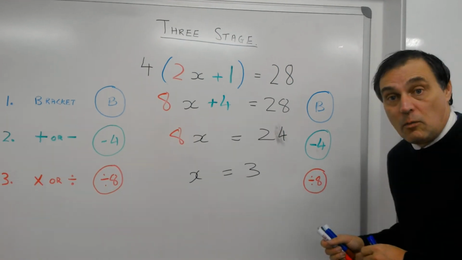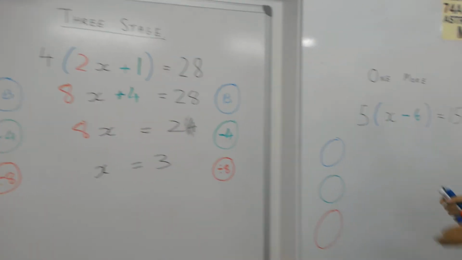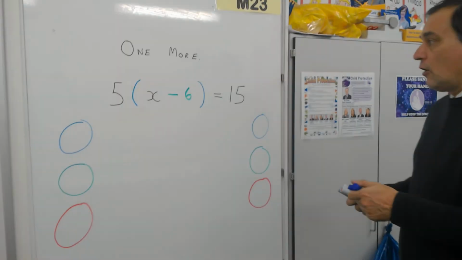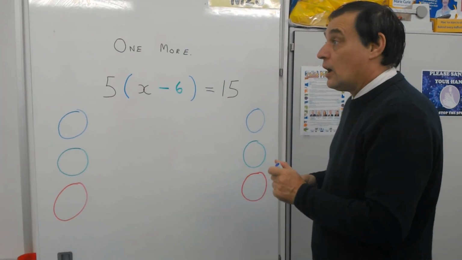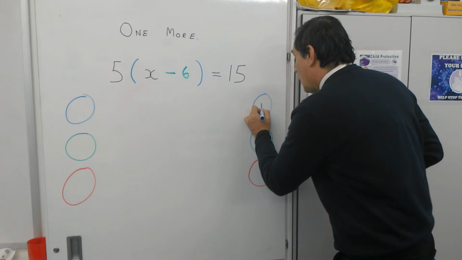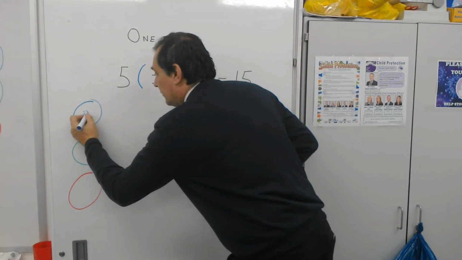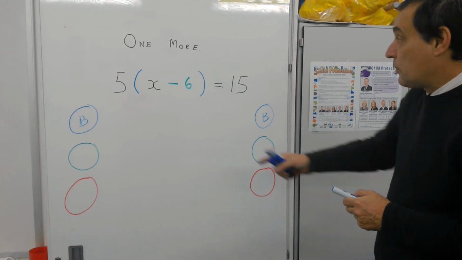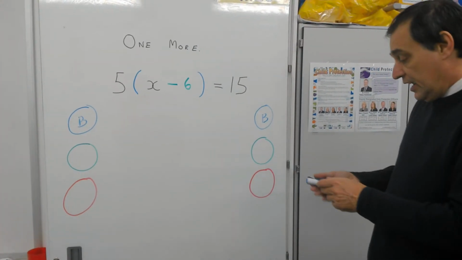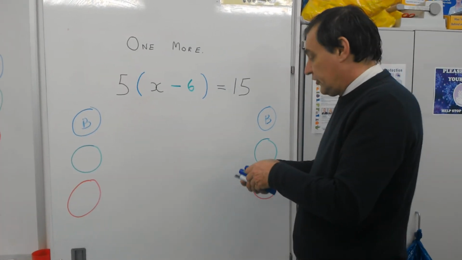Let's just do one more, so it can sink in. Here we've got 5 lots of x minus 6. So in our blue circle, our stage 1, we put a B for brackets. Next bit, we've got to multiply out our brackets. We've got to apply this B stage here. That will then give us 5.